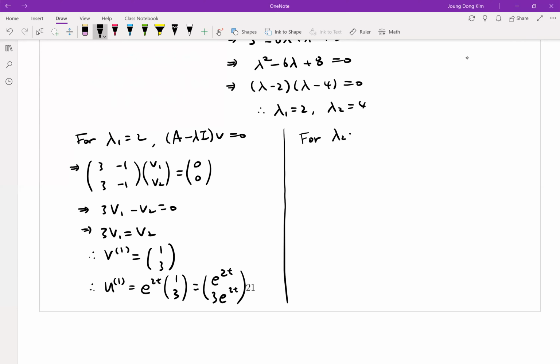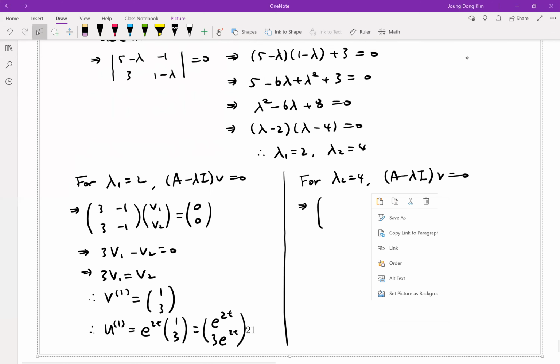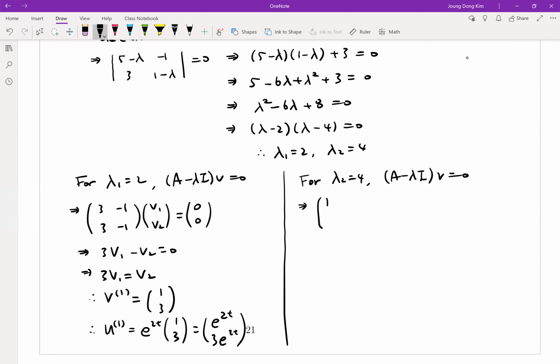For lambda 2, which is 4, A minus lambda I times v equals 0, same thing. A minus 4I: 5 minus 4 is 1, and negative 1, and 3, and 1 minus 4 is negative 3, times [v1, v2] equal to [0, 0].